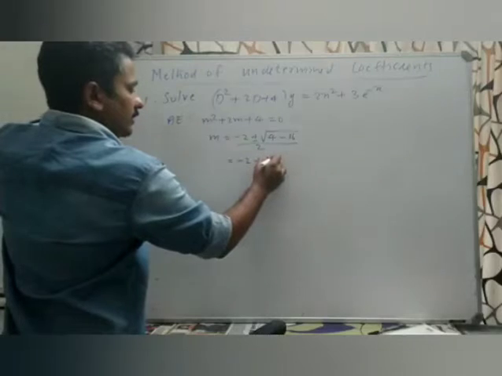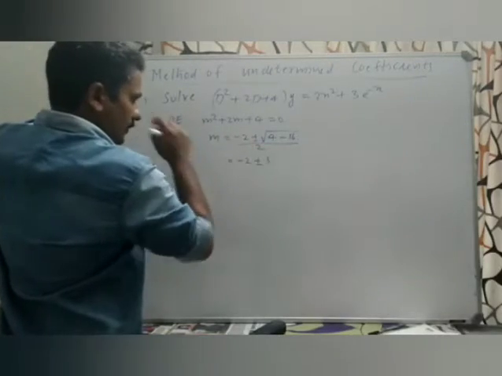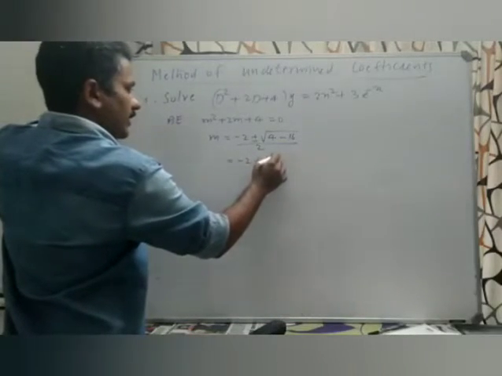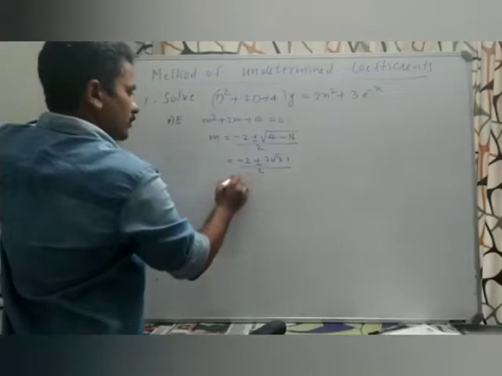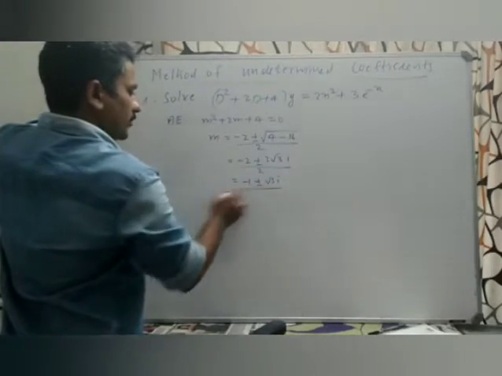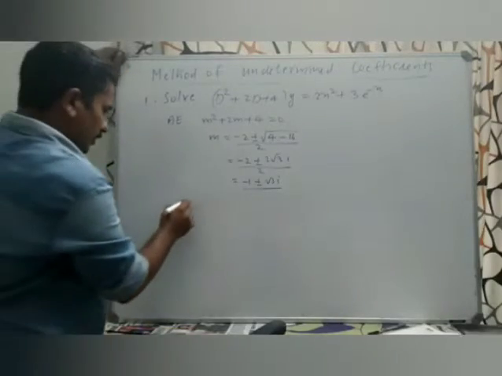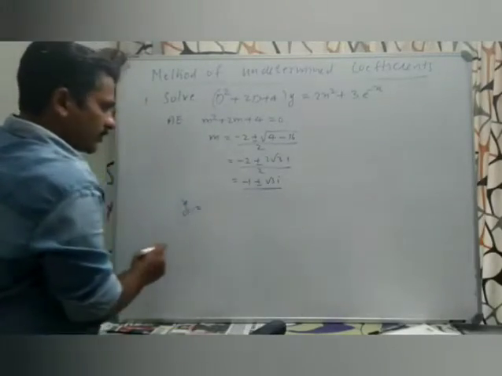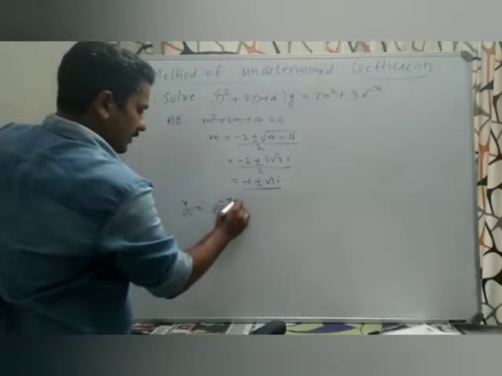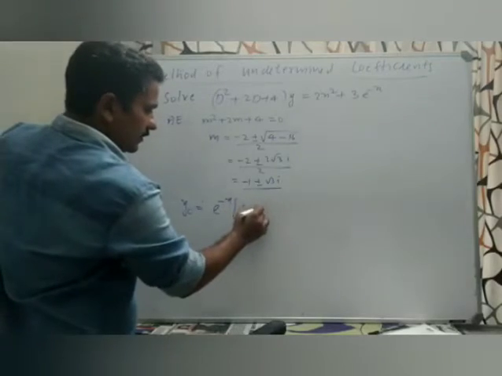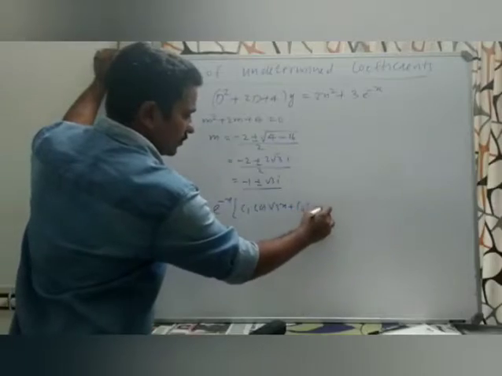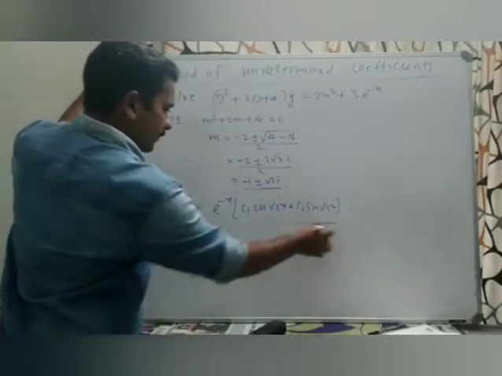That means you will get 3. 12 is 3 times 4, so 2 square root of 3 i over 2, or minus 1 plus or minus root 3 i. This is what you will get. Okay, so the complementary function yc is going to be e to the power negative x times c1 cos square root of 3x plus c2 sin square root of 3x.